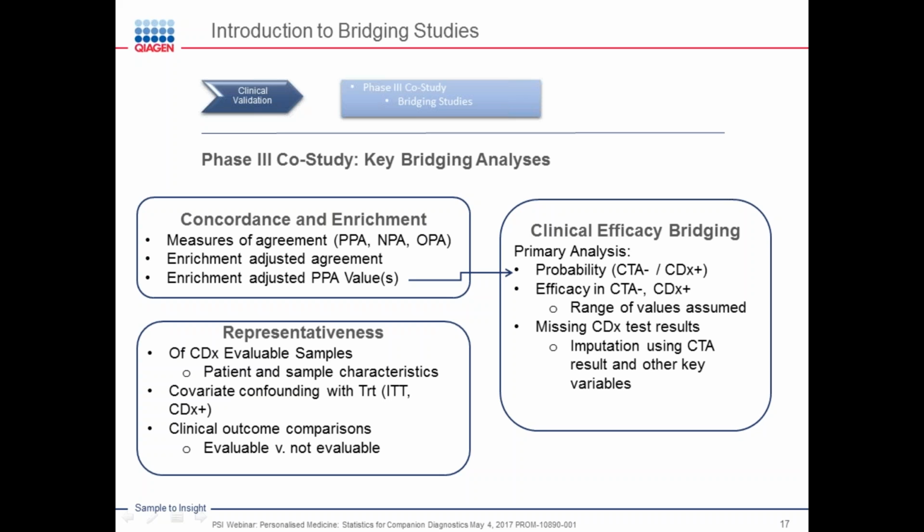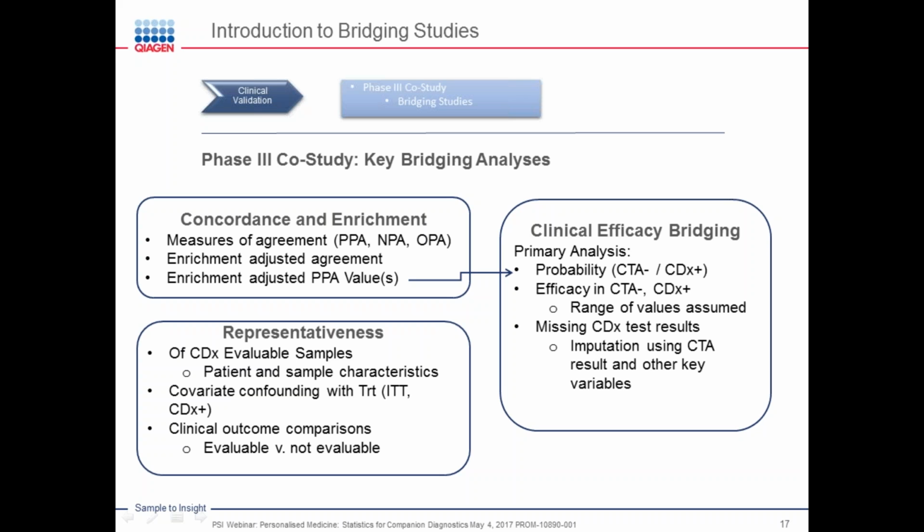And there are 2 or 3 key things to bear in mind there. One thing is we need to take account of the potential CTA negative, CDX positive patients. Obviously for a selection trial design, we won't actually have clinical outcomes on those patients, so we'll need to make assumptions.